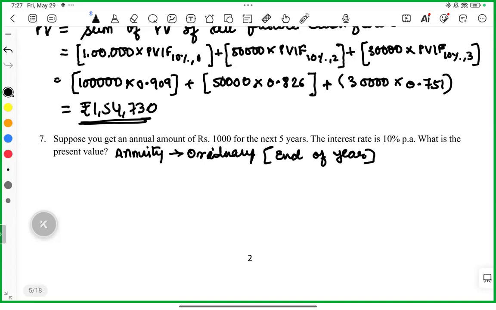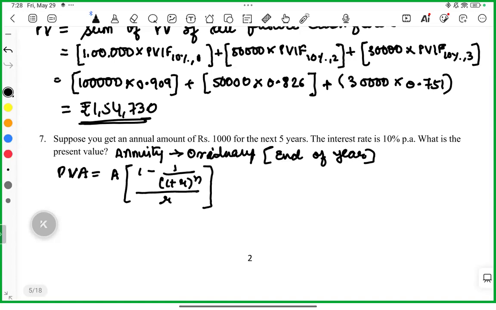Okay. Now see, present value of annuity. I am writing the formula, but you don't have to worry about the formula because ultimately we will be using tables. Is equal to A into 1 minus 1 upon 1 plus R raised to N upon R. Okay.